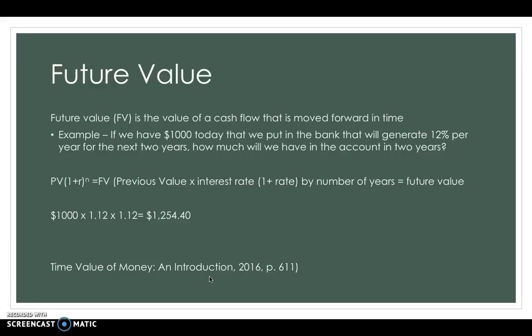So it's the present value multiplied by the interest rate factor to the power of the number of years, which equals the future value. You would take the $1,000 and multiply it by 1.12 two times to get the future value, which is $1,254.40.